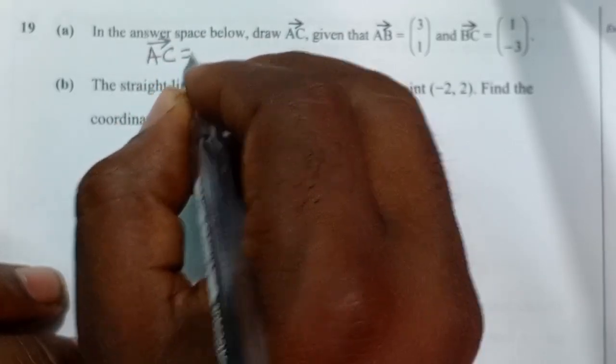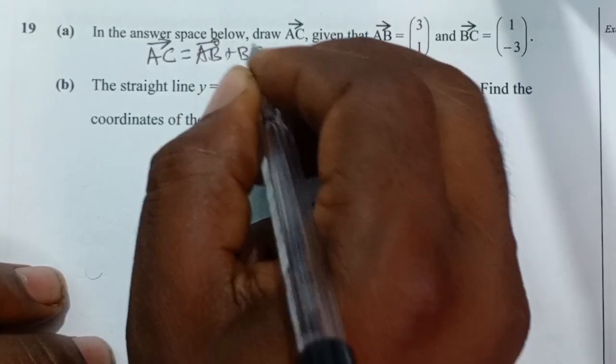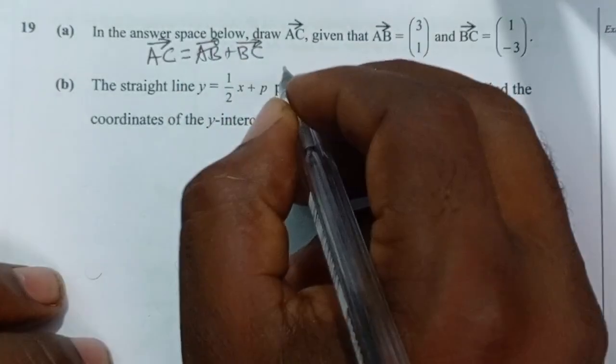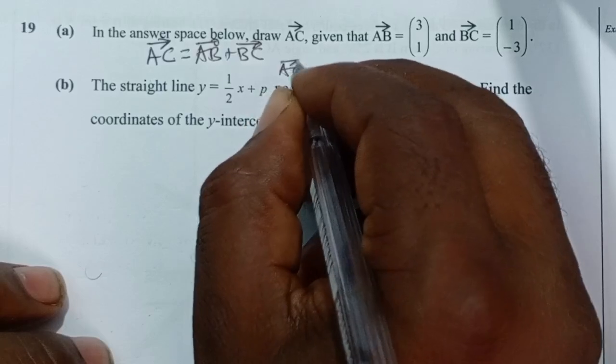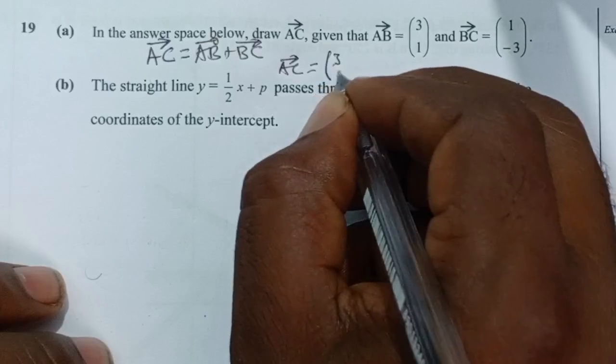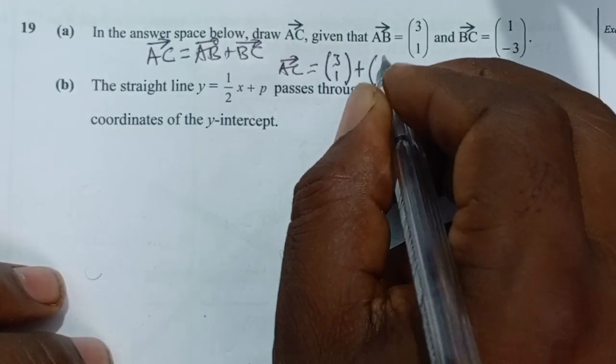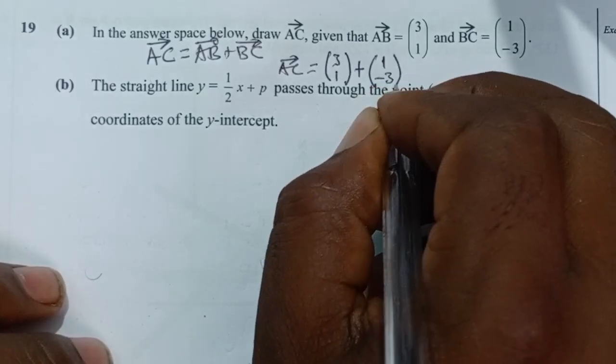So vector AC is equal to AB plus BC. So vector AC equals vector AB, (3, 1), plus vector BC, (1, -3).